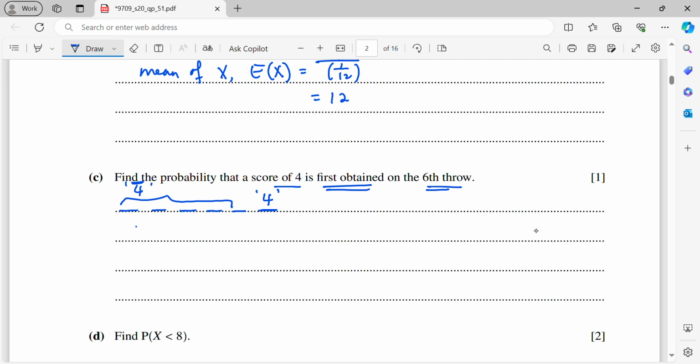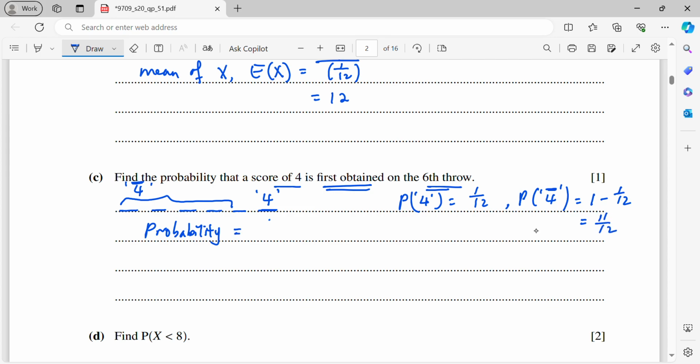Remember, the probability of getting 4 is 1/12. So the probability of not getting 4, bar means not getting 4, will be 1 minus 1/12. I don't bother what the sum is, but as long as it is not 4, that is considered a failure. So this is going to be 11/12.